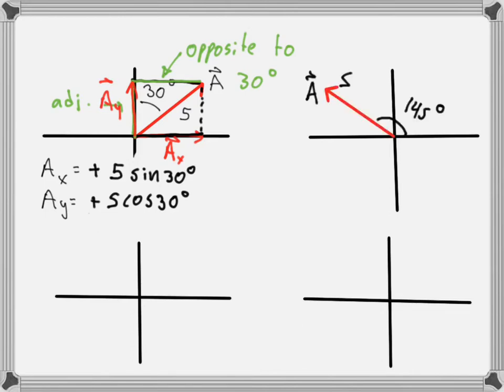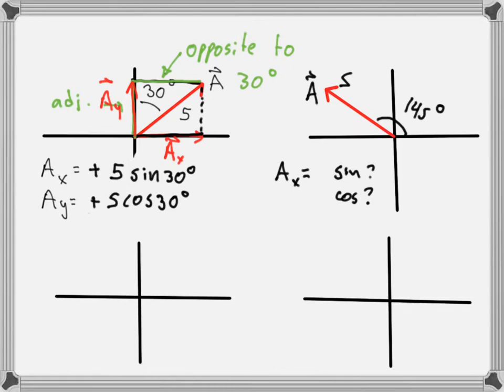All right, another example. Let's say that A is pointing this way, also magnitude 5, and the angle for A is given by 145 degrees from the positive x-axis. So what is AX? Do we use sine of 145 or do we use cosine of 145?